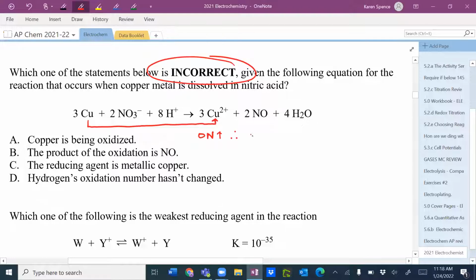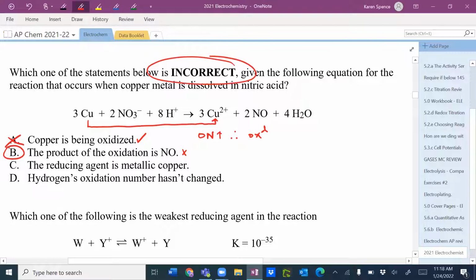Therefore, yes, it was oxidized. So this is a correct statement, which means that it's not what we want because we want the incorrect one. The product of oxidation is NO. That makes no sense because we just determined that copper was being oxidized. So I'm going to say that that one's probably the one that's wrong. I'm going to circle that tentatively and just go back and check afterwards.